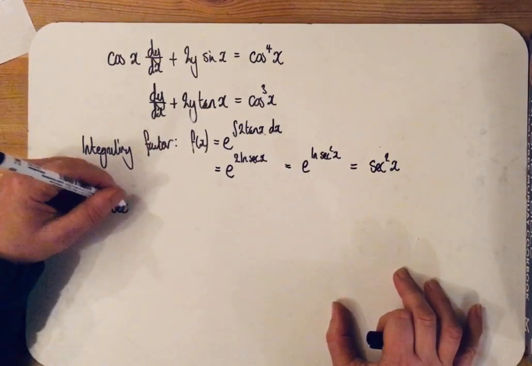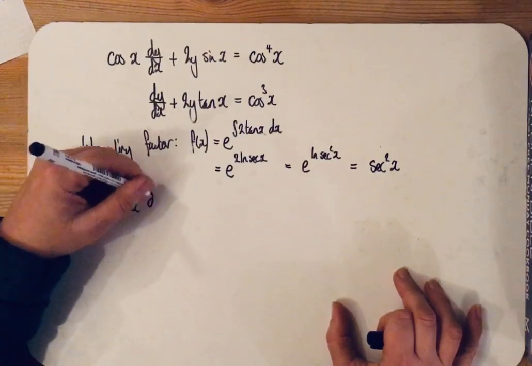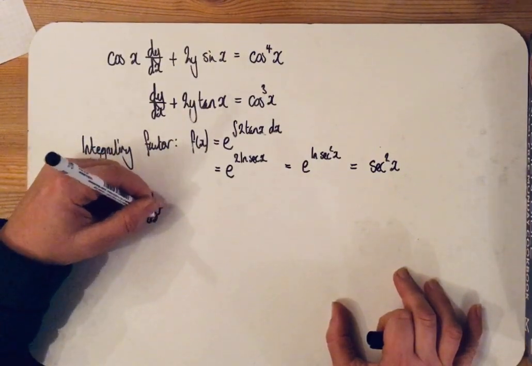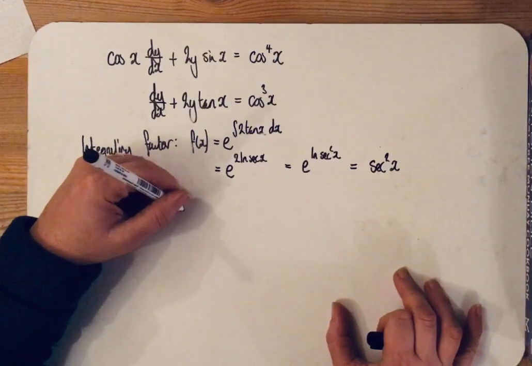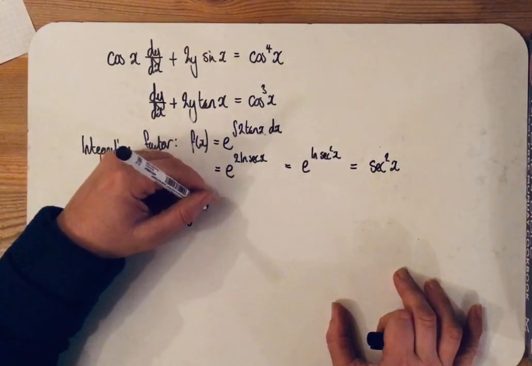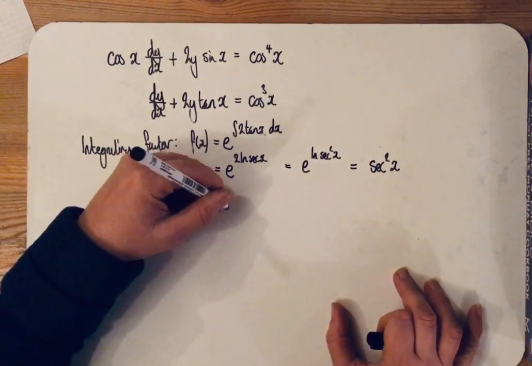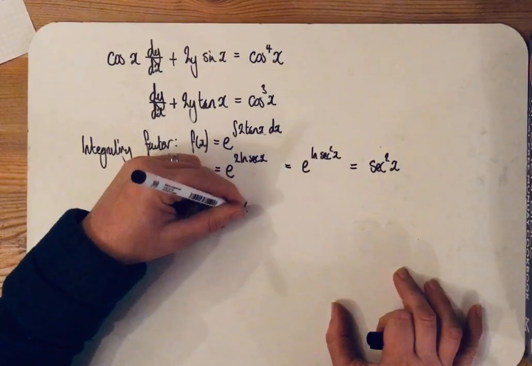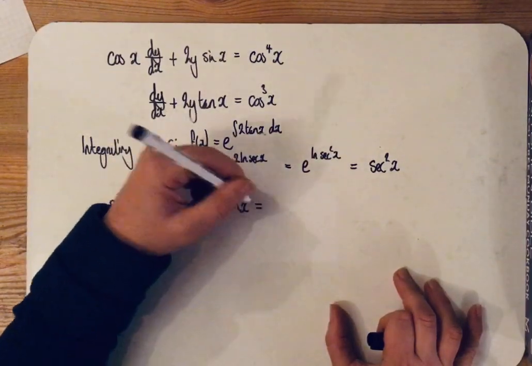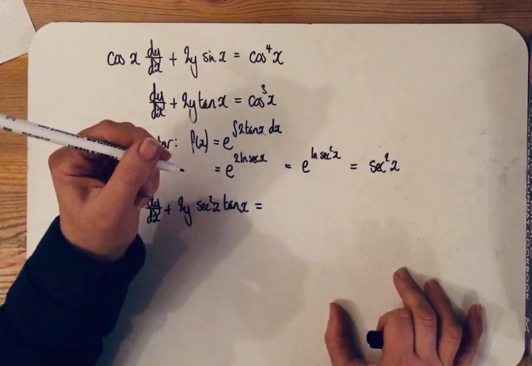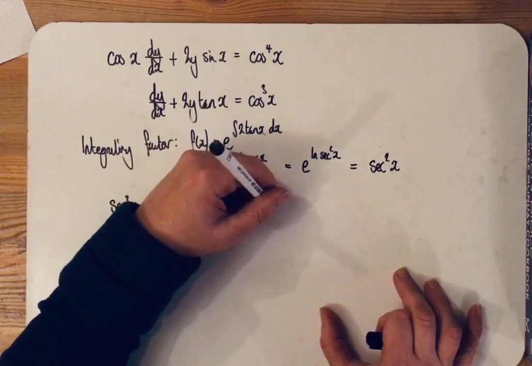So sec squared x dy/dx plus 2y sec squared x tan x, and cos cubed times sec squared. Sec squared is 1 over cos squared, so it's just going to give you cos x.